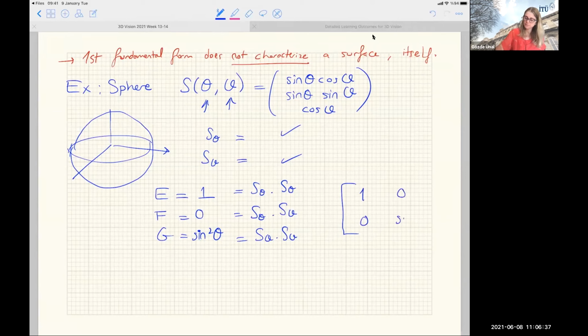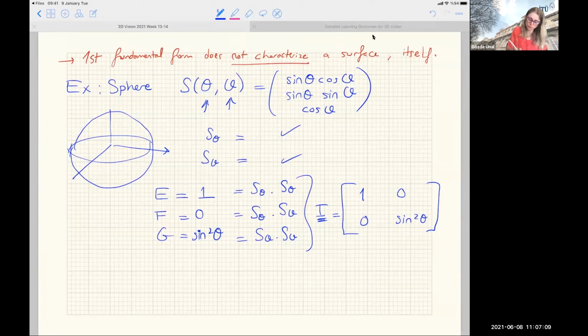Let's write from here my first fundamental form at each point. Of course, theta changes at each point, so the first fundamental form will be different, okay? This was S_V dot S_V. What else? Trying to see.